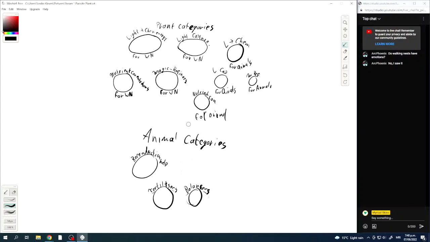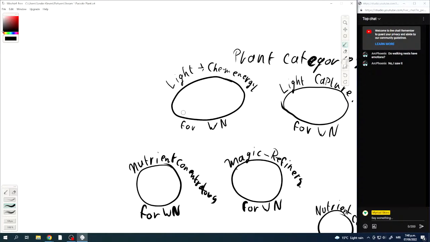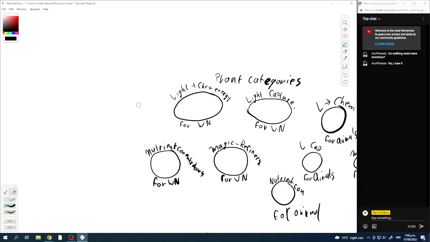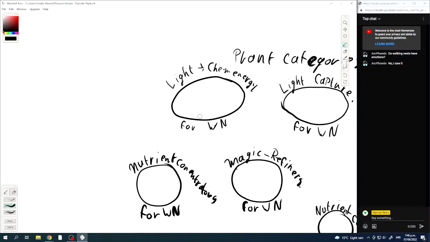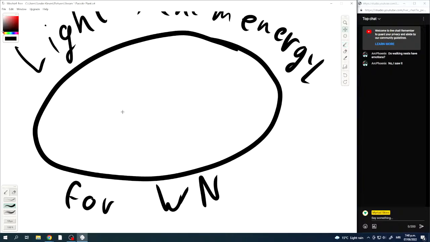So, let's see. Light to chemical energy. Yeah, let's figure out some properties for them. I'll just write it in the middle, like some primary properties for them.